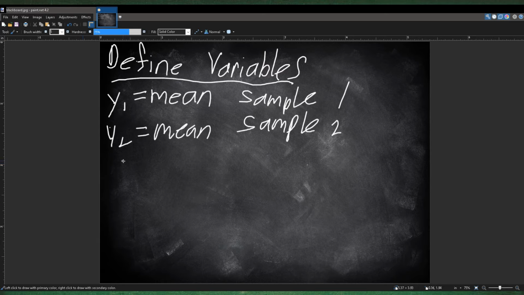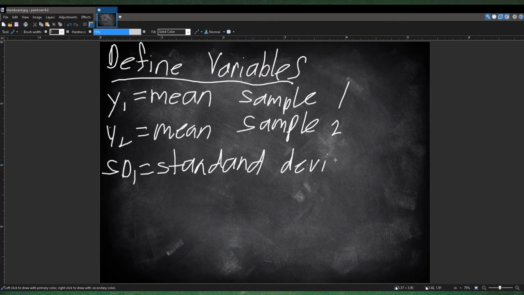And then you have S1, the standard deviation of sample 1, and S2, the standard deviation of sample 2.